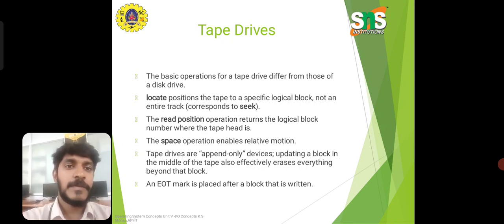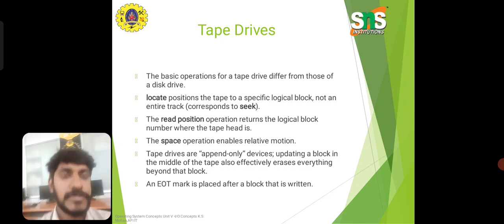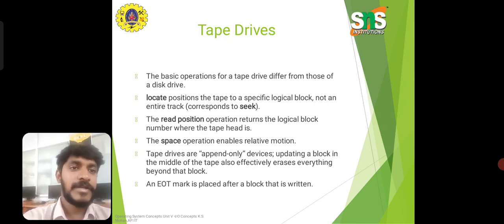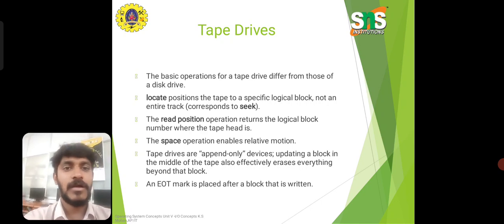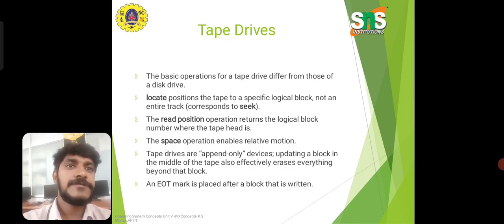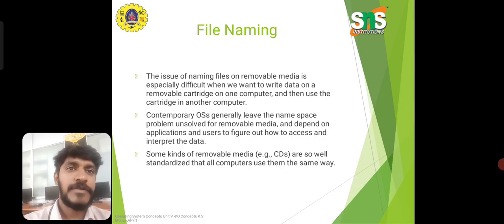The space operation enables relative motion. Tape drives are append-only devices; updating a block in the middle of the tape effectively erases everything beyond that block. An EOT mark is placed after a block that is written. So that is what we are discussing here: tape drives and file naming.